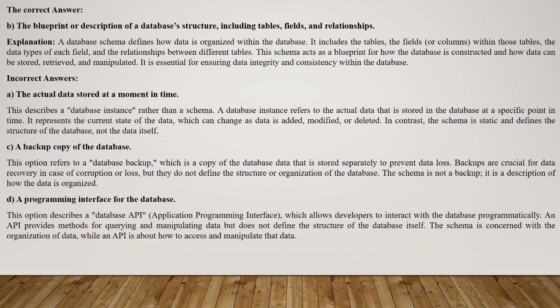An API provides a method for querying and manipulating data, but does not define the structure of the database itself. The schema is concerned with the organization of the data, while an API is about how to access and manipulate the data.